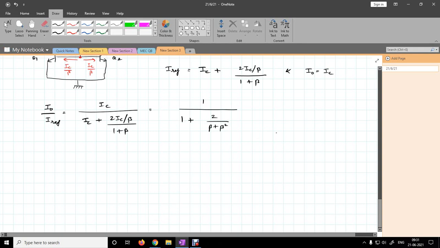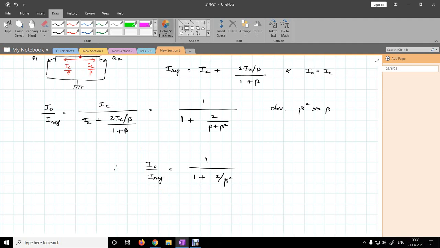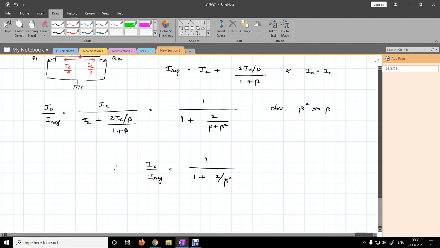So from this you can write, obviously beta square is a larger value compared to beta. So beta I am going to neglect. Therefore I naught by I reference, I can write it as 1 by 1 plus 2 by beta square. Okay, 2 by beta square. So this is my formula. All right.